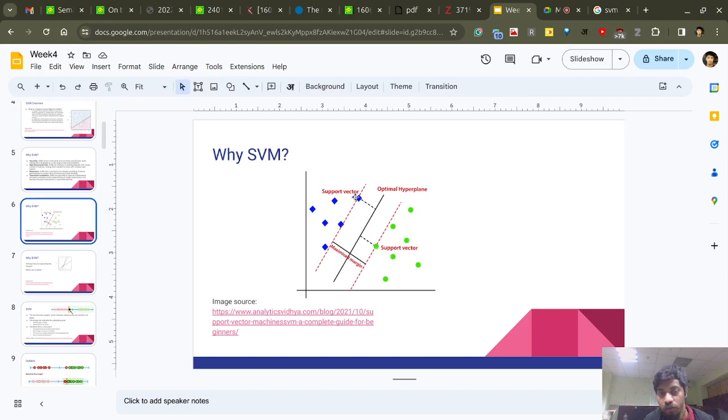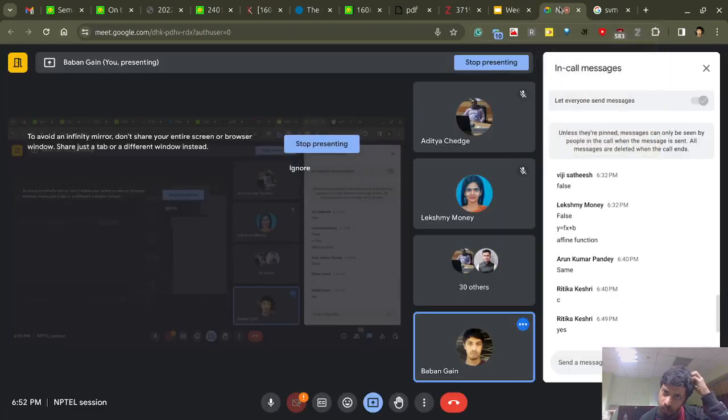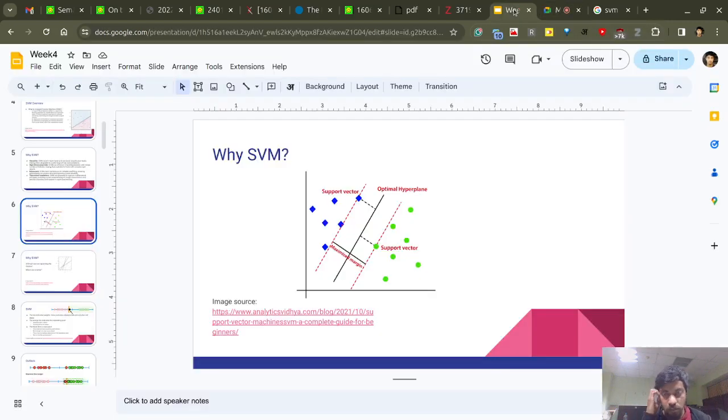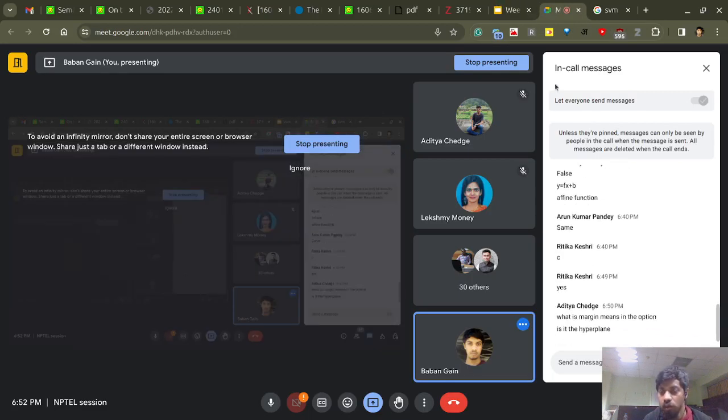So the distance between the support vector and hyperplane is called margin. Okay, understood. Yeah, margin is the distance actually.